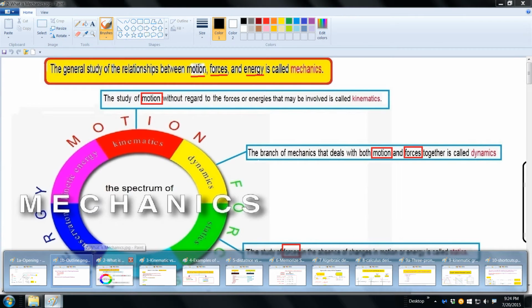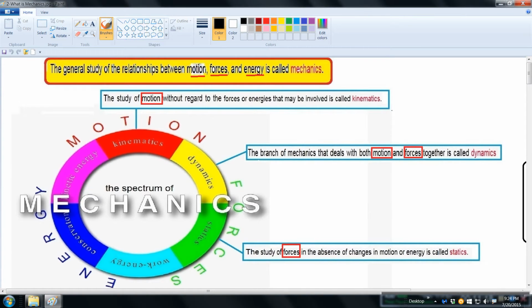Okay. So the first thing I want to do is talk about some terminology. I want to talk about, and this illustration here is very good at summarizing a lot of the terminology. And first thing we want to talk about is, what is mechanics?